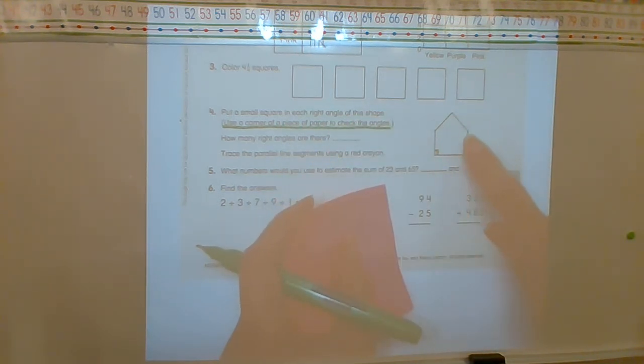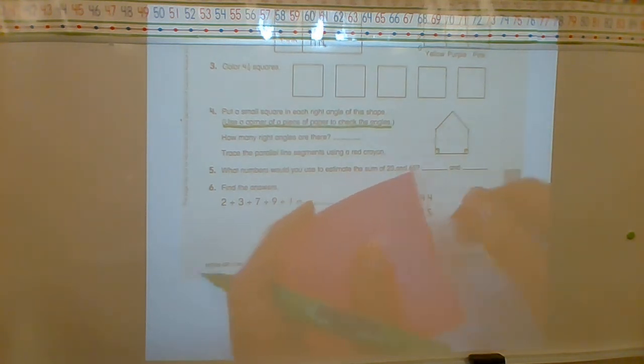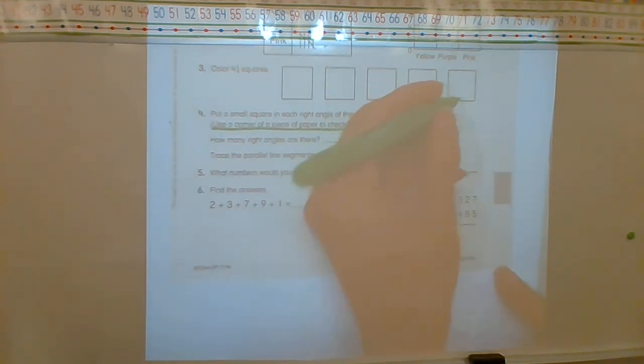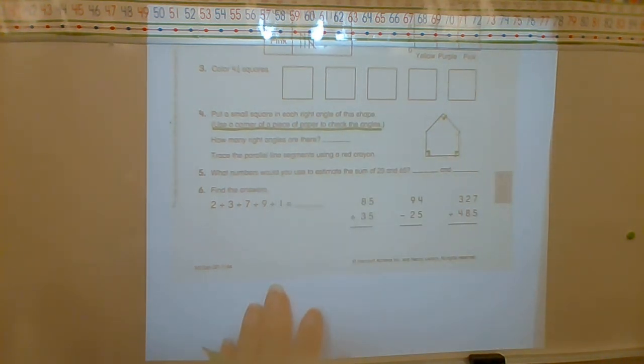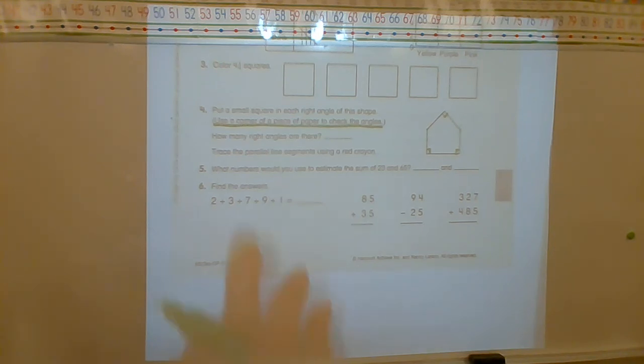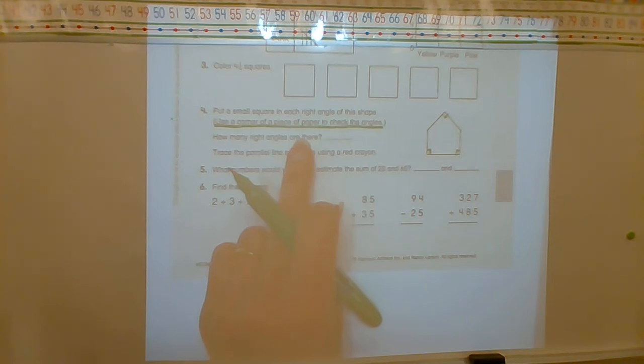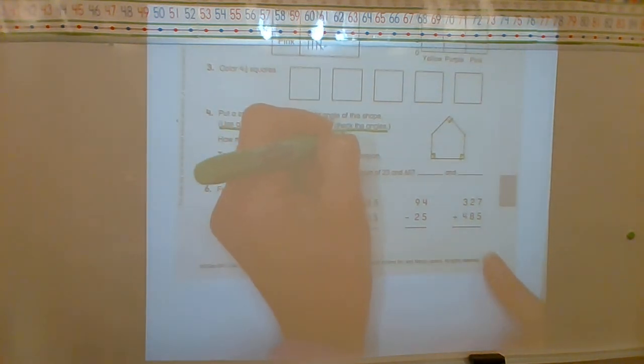No. Also not a right angle. And we have one more angle to check. Do you think this is a right angle? Well, let's slide, well, look at that. If we slide our right angle checker in there, it is a right angle. So we need to label it with the right angle symbol. Okay? So, how many right angles are there? How many did you see? That's right, we saw 3.